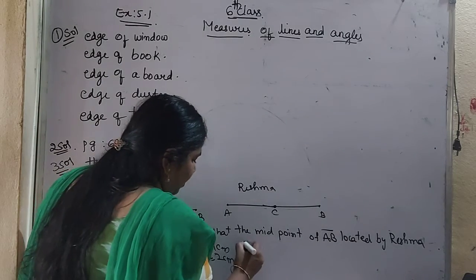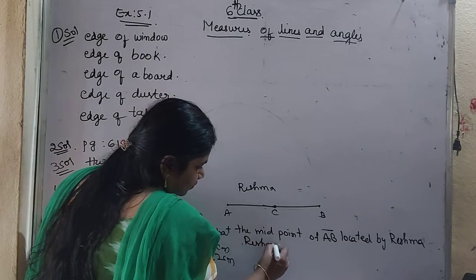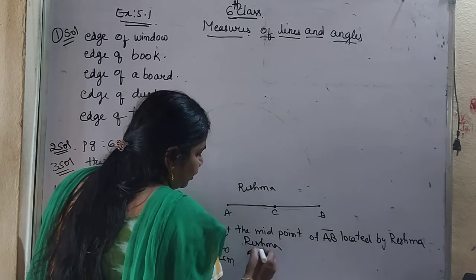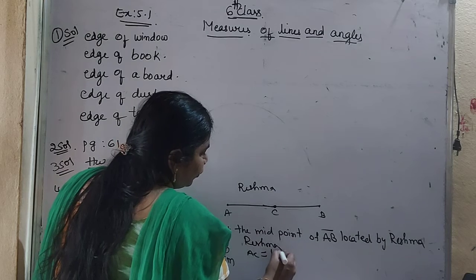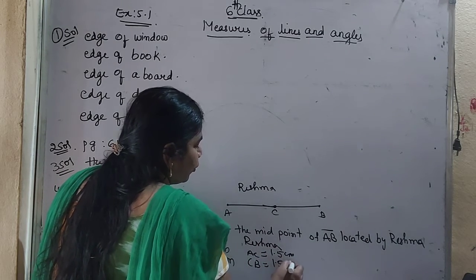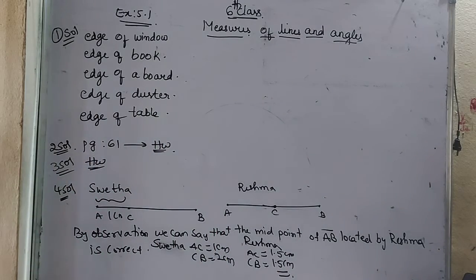Now if you take Reshma's. So here, if I take this total length as 3 centimeters, AC will be equal to 1.5 centimeters as well as CB will also be equal to 1.5 centimeters. So which one is correct here? Reshma's is correct. Reshma is correct than Sweta.